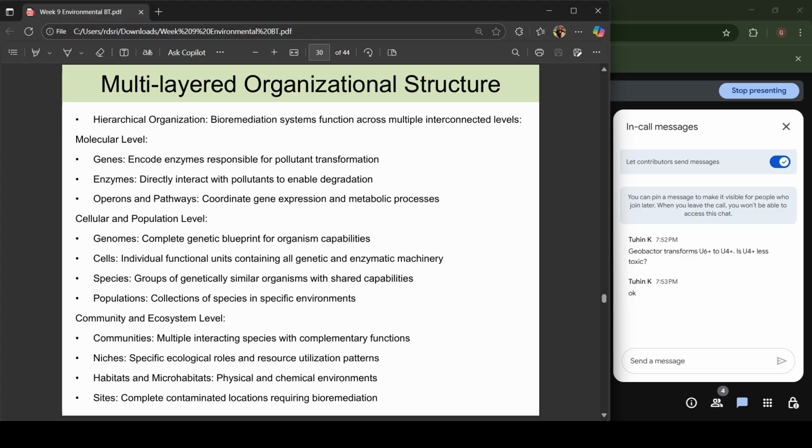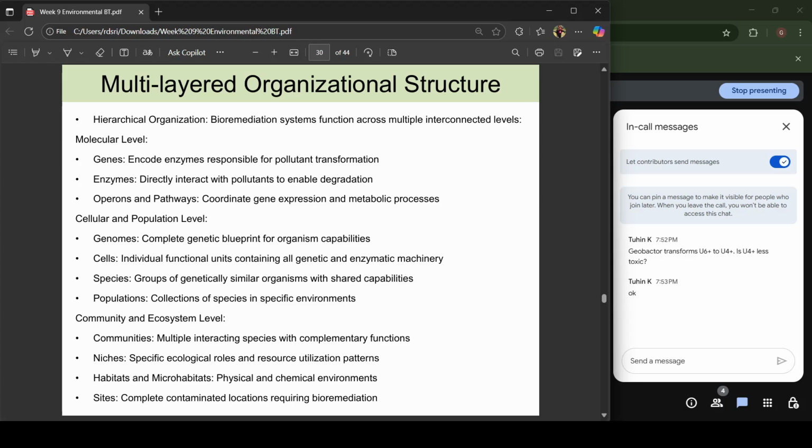organization. Next comes the cellular and population level. In this, we study the genomes, which is the complete genetic blueprint of the organism, and then go about studying about the cells. So inside the cells, we have the genome. First, we studied about the genome. Further, when we zoom out, we come to the cells, which are the individual functional units containing all the genetic and enzymatic machinery.